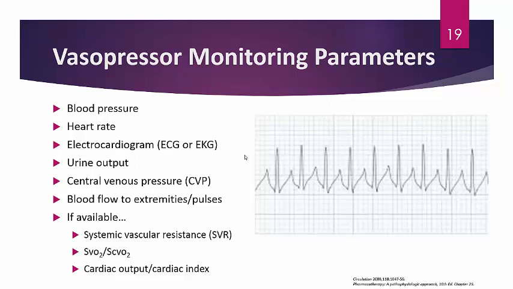If we have them available, which we may not, depending on what kind of access device we have that we discussed in the hypovolemic shock lecture, we may want to look at systemic vascular resistance and SvO2 or ScvO2, as well as cardiac output and cardiac index.